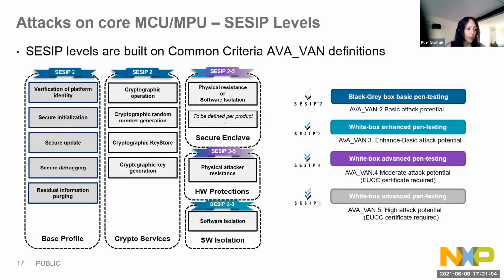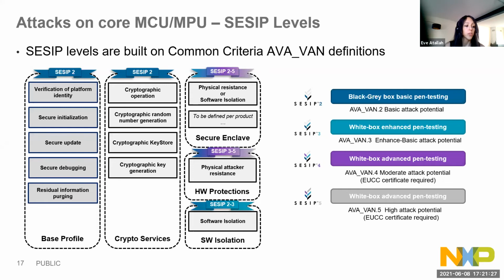The other aspect impacting the security testing plan is the resistance level part of the SESIP assurance level definition. I will not go into details of what an assurance level exactly is. The only thing interesting for the security test plan, the security assessment, is the resistance aspect.